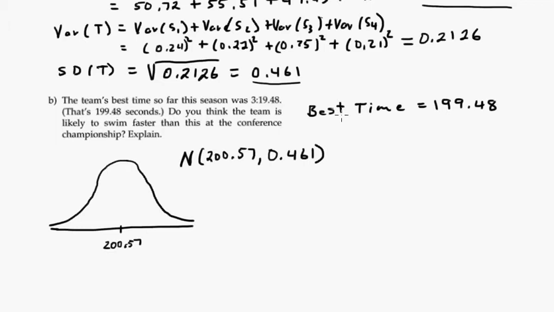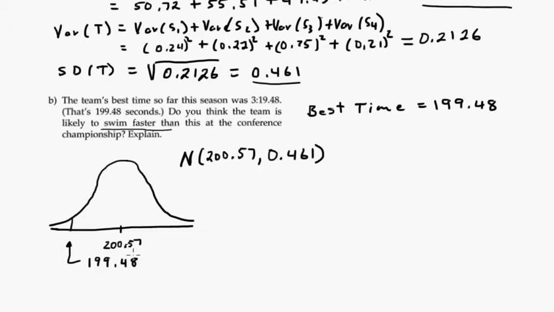Now the best time. We want to know, do you think the team is likely to swim faster than their best time? Their best time is over here somewhere. It's certainly going to be to the left of the mean.